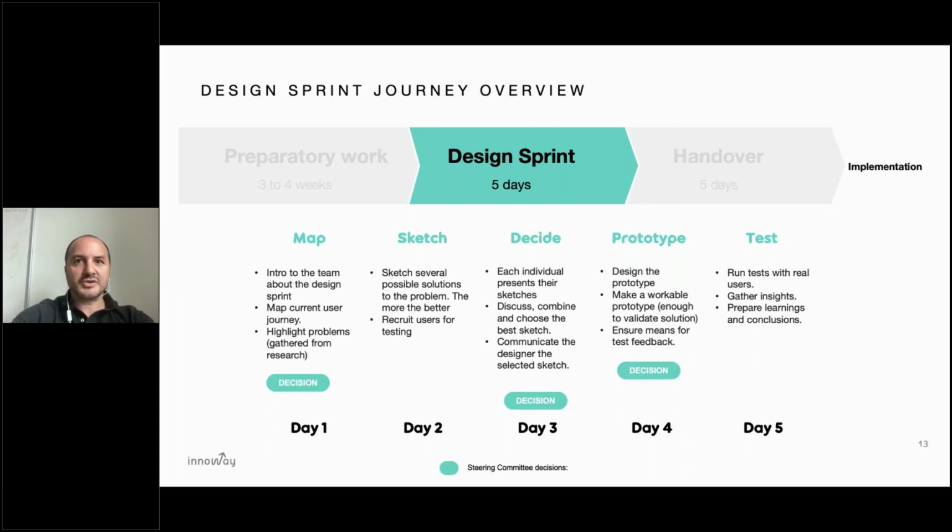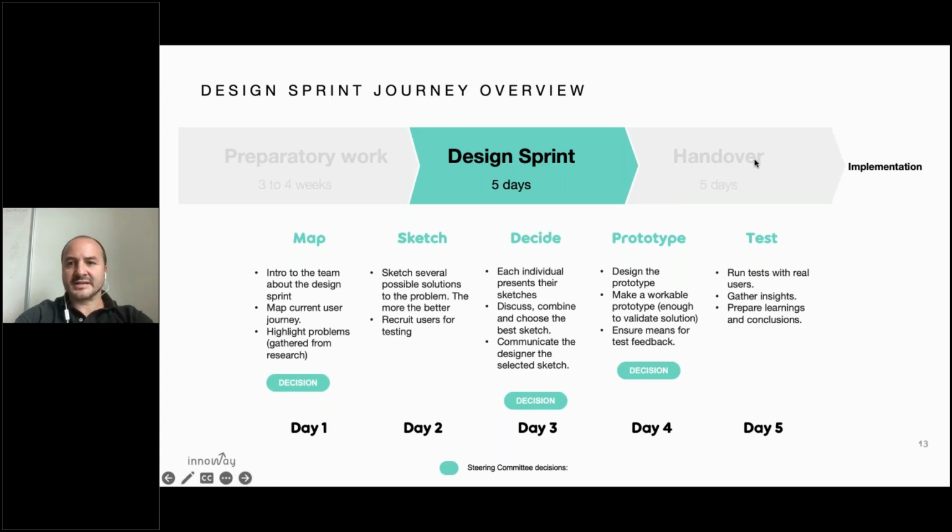Day four is about prototyping. We use the help of designers to make sure that we cover everything and in enough quality to test it. Finally, day five is testing with the clients or customers.